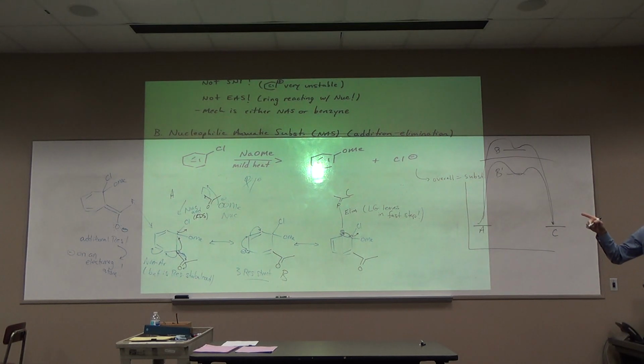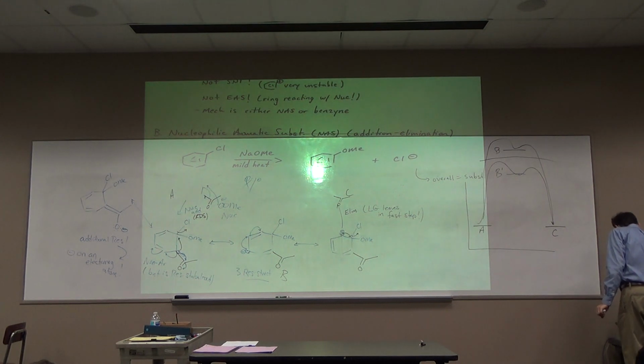Okay, think back to SN1, SN2. In both of those mechanisms, the leaving group leaves in the rate determining step. And that's why you have strict leaving group requirements for SN1, SN2. Here, the leaving group leaves in the fast step.